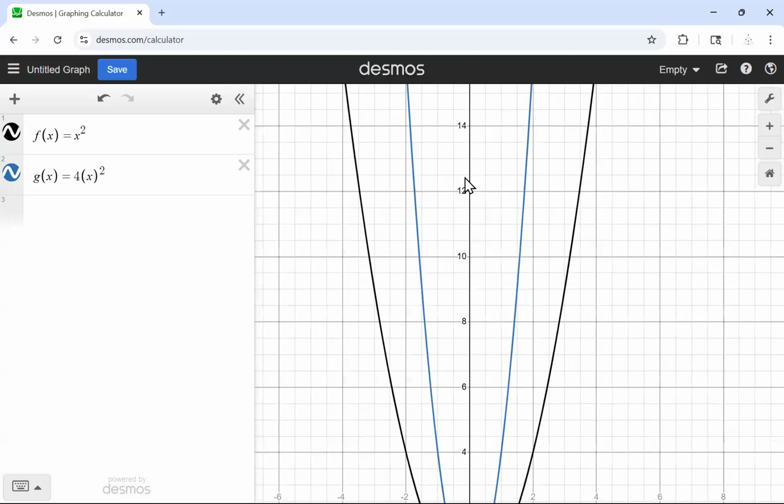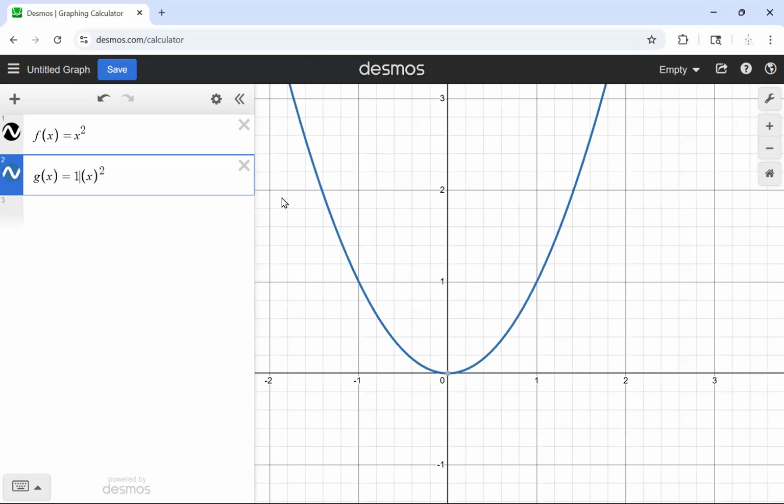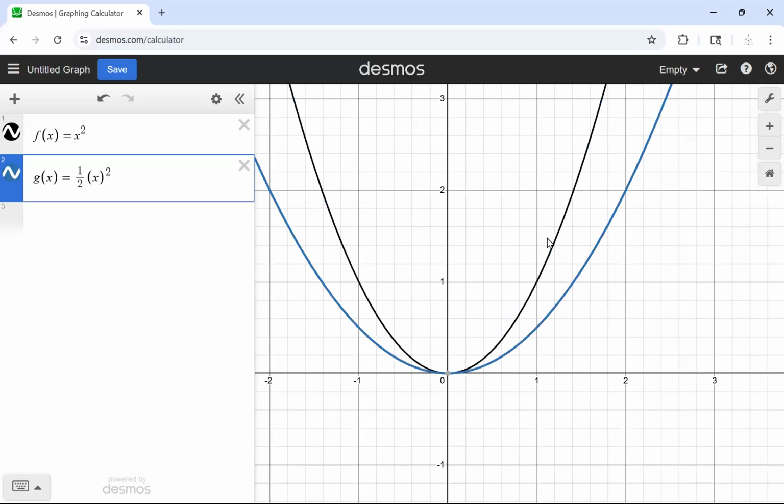Now, that was a vertical stretch because all of the coefficients were bigger than 1. If the coefficient is exactly 1, then 1 times anything is itself, so I get back my original function. But what if the coefficient was like 1/2? Well, then it would have been a vertical shrink. So the point 1, 1 would have shrunk to the point 1 comma 1/2, or 0.5.